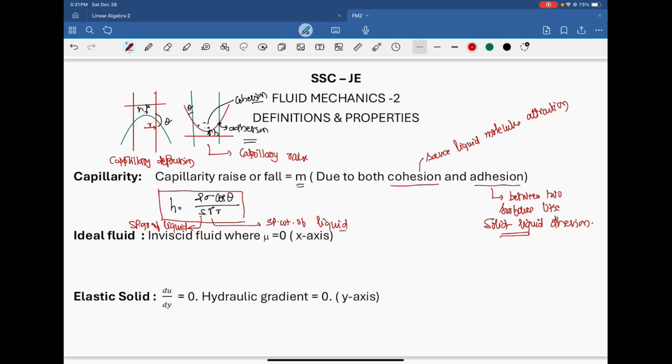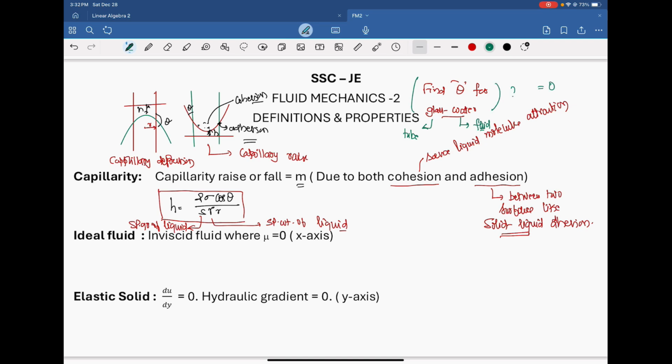And there is a homework for you. From standard textbooks, find theta for glass and water. Water is the fluid, glass is the tube. Find theta.